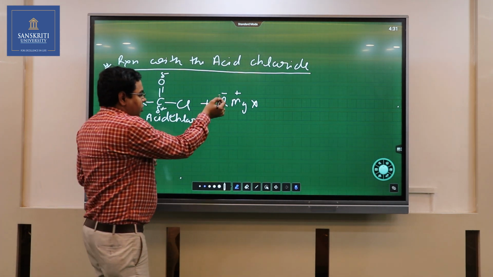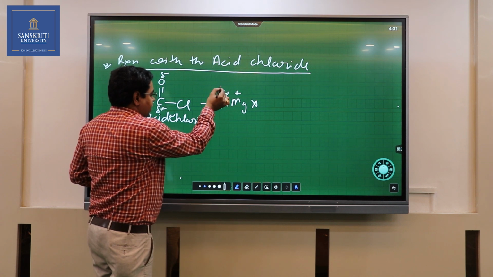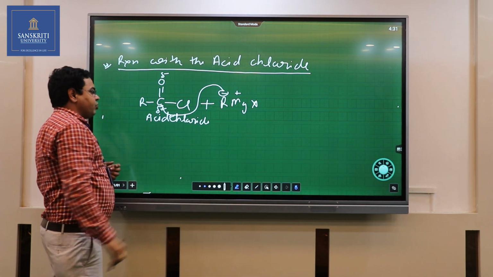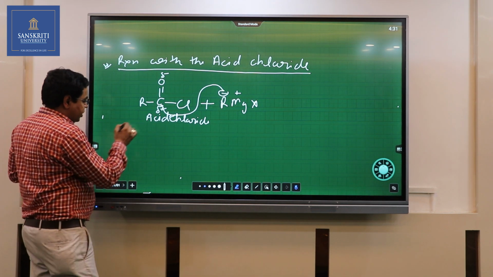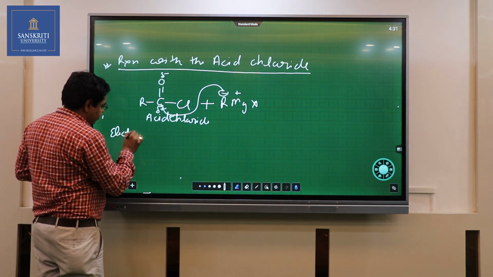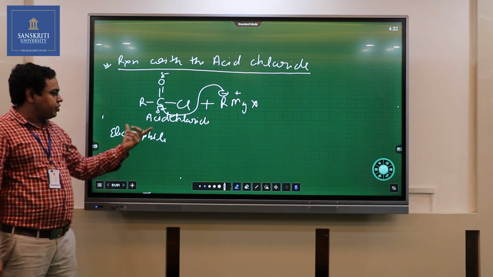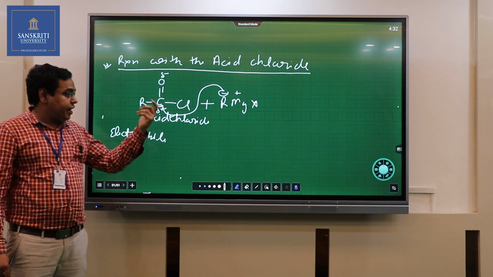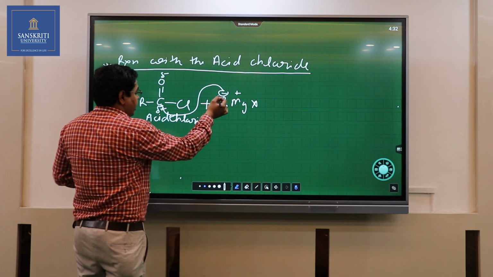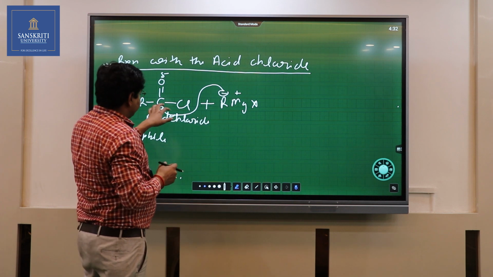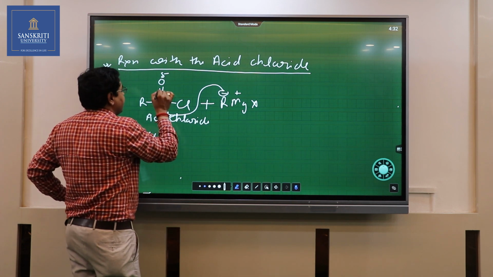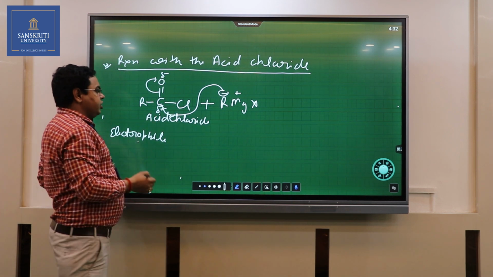So the alkyl group reacts further with the carbonyl group, which is called an electrophile, carrying a positive charge at the carbon atom. The attacking alkyl group attacks the carbon atom, which pushes the electron toward the oxygen atom.